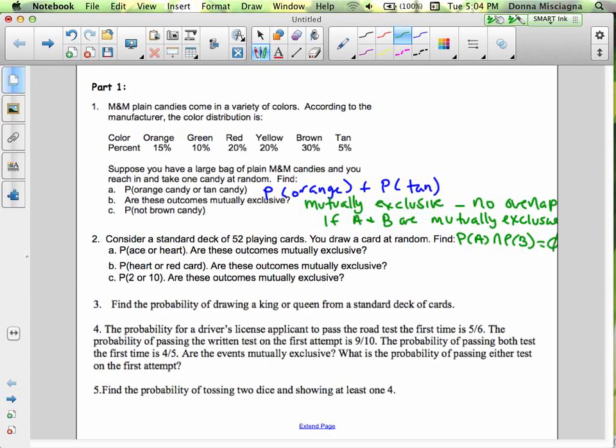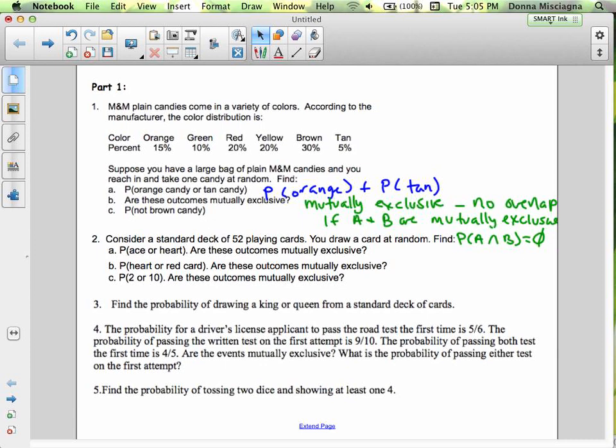There'd be nothing in that overlap. So if events are mutually exclusive, there's no overlap. If they're not mutually exclusive, there's overlap.